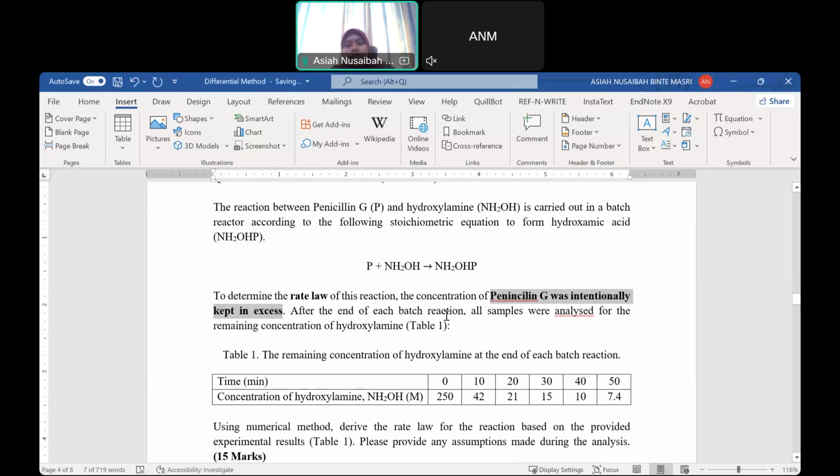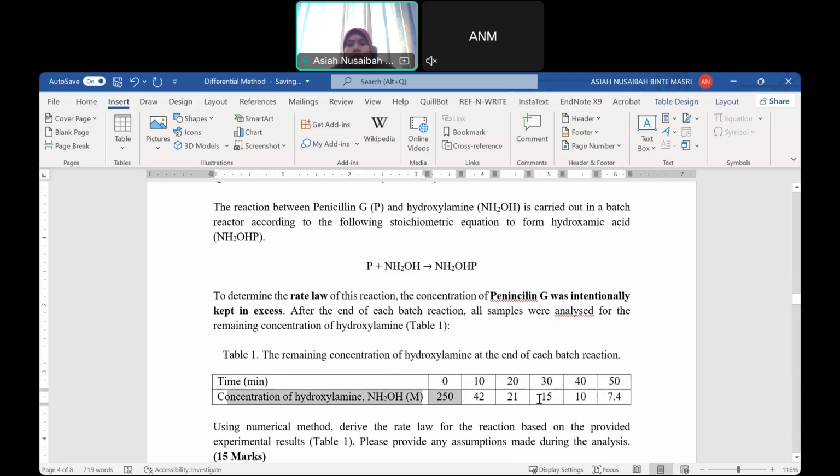After the end of each batch reaction, all samples were analyzed for the remaining concentration of hydroxylamine, NH2OH. So this is the one that you evaluate. Table 1 shows the remaining concentration of hydroxylamine at the end of each batch reaction. We have time here and concentration here. We have 6 sets of data.